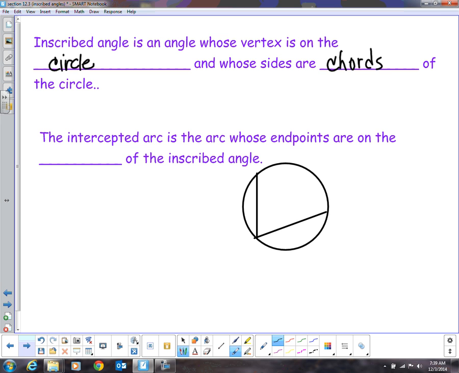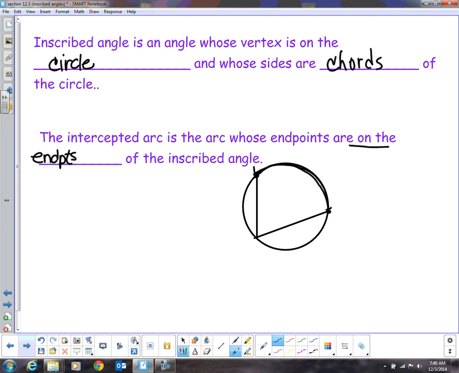The intercepted arc, this arc right here, is the arc whose endpoints are on the endpoints of the inscribed angle. This is my intercepted arc, where the rays of the angle cut off that arc. Inscribed angles do not equal the arc. Central angles equal the arc.